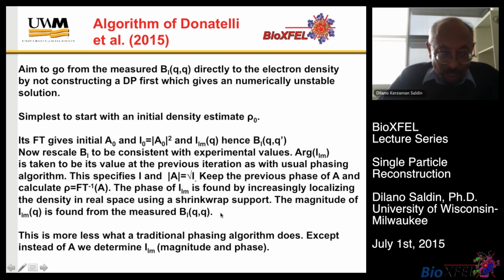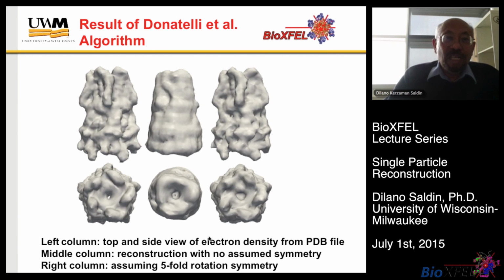So essentially this is a phasing algorithm for the spherical harmonic expansion coefficients. We adjust the magnitudes by the experimental B values and adjust the phases by using some kind of support constraint, for instance, shrink wrap. This is more or less what a traditional phasing algorithm does, except instead of A, we determine I_LM in magnitude and phase.